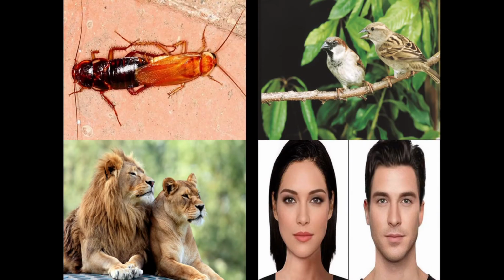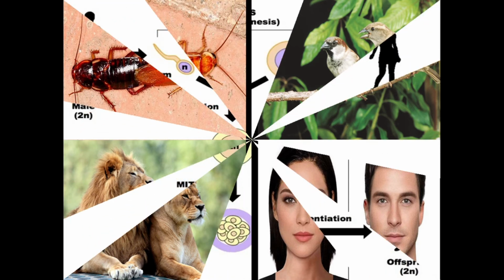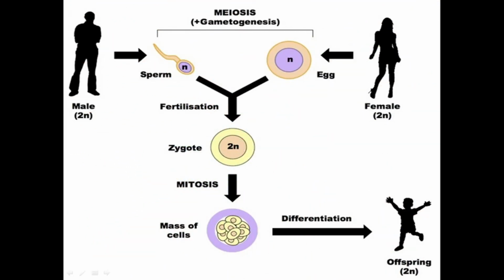Sexual reproduction is commonly observed in higher organisms where there is clear sexual dimorphism. In sexual reproduction, young ones are formed by the fusion of male and female gametes. The process is called fertilization. The reproduction process cannot be a defining characteristic of living organisms because there are many living organisms which do not reproduce.